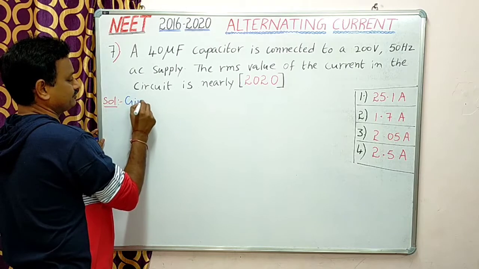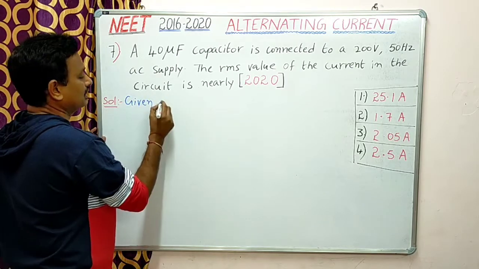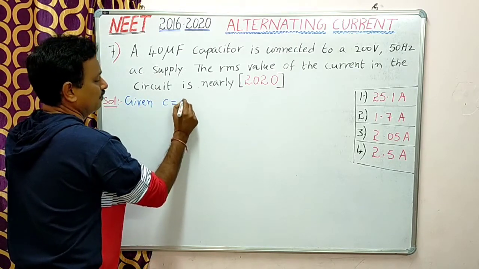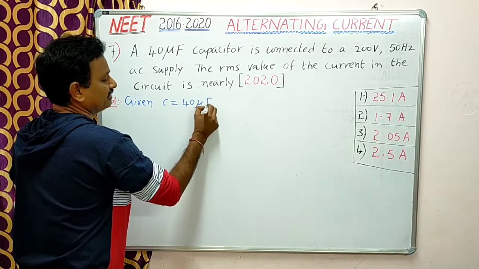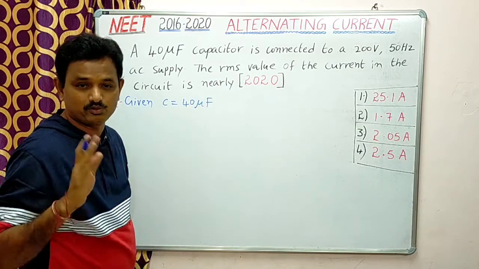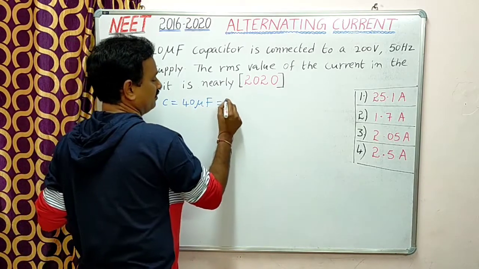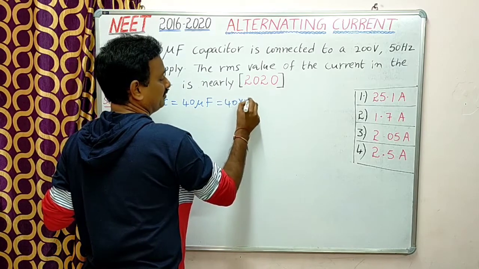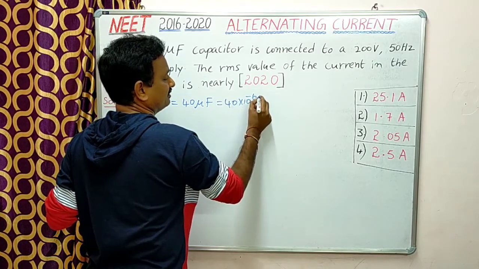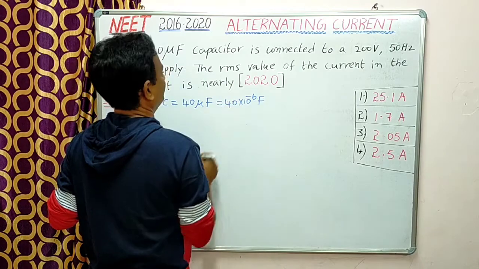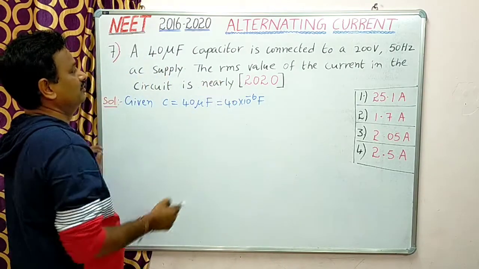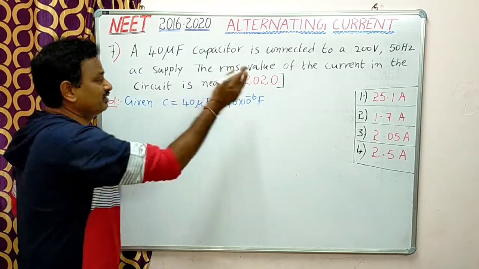Given: capacitor C equal to 40 microfarad. Micro means 10 power minus 6, so I will write 40 into 10 power minus 6 farad. Next, VRMS equal to 200 volt.